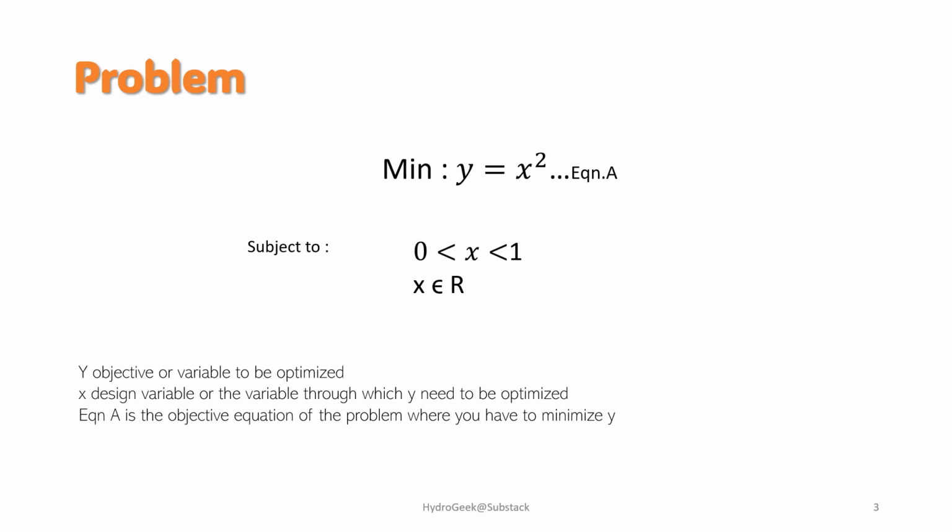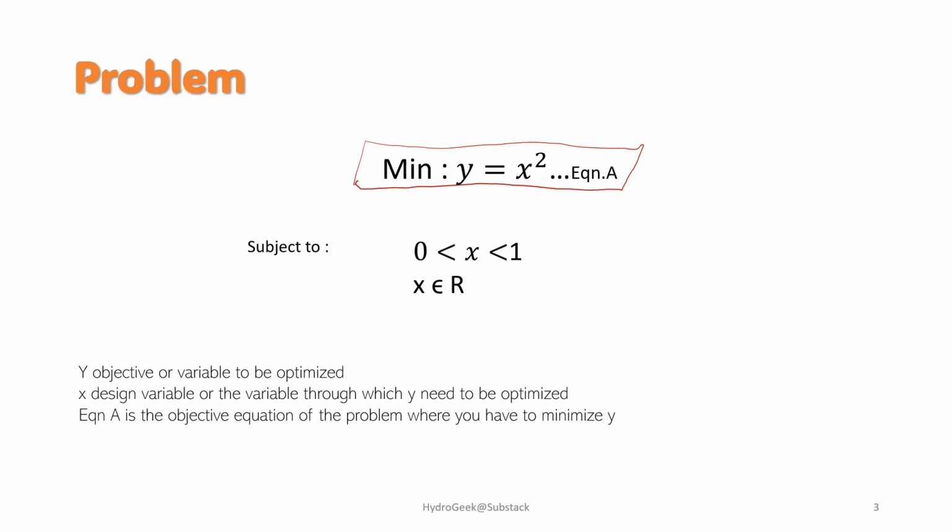Okay, the optimization problem is just like this. We have to minimize this function. This is a minimization problem. As you know, there are three different types of optimization problems. One is maximization, one is minimization, another one is to achieve a specific target.